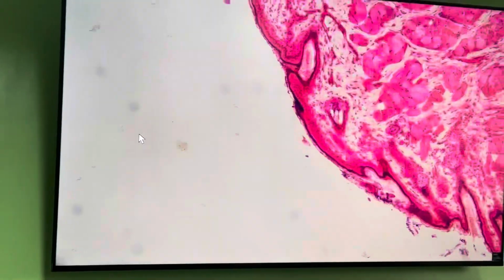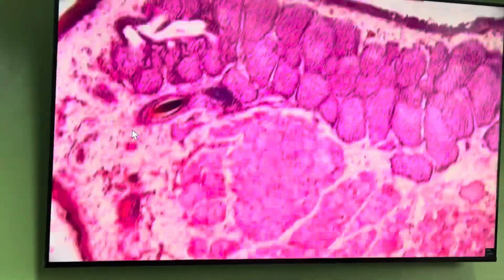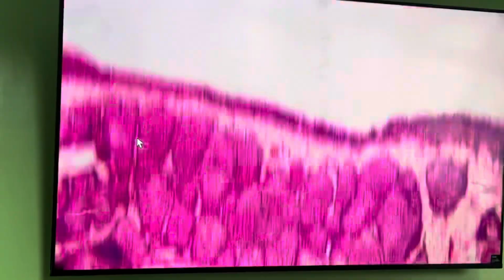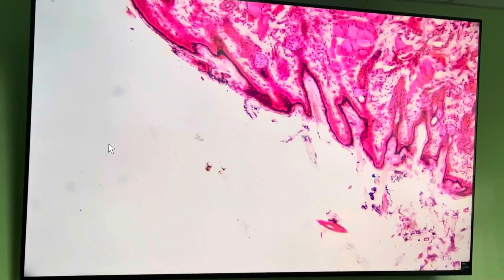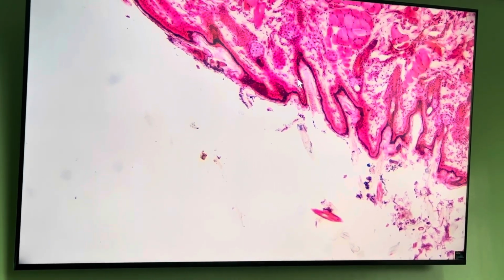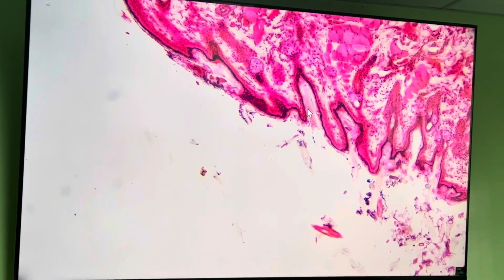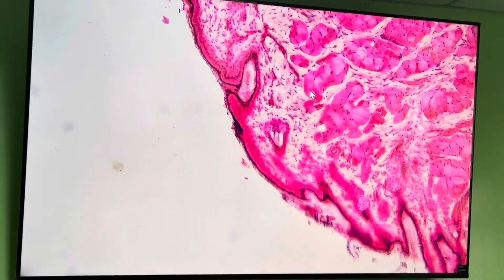So we have the outer conjunctiva and the inner conjunctiva. Ito yung inner pala. This is the outer. Okay. This would be lined by stratified squamous epithelium. We have here the hair follicle. Okay.